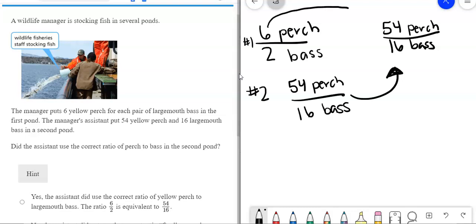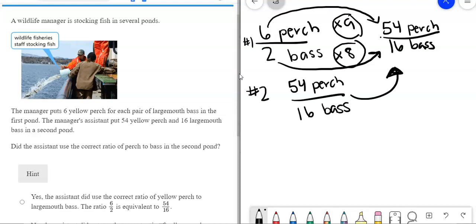If I'm going to make 6 into 54, I multiply by 9. To make 2 into 16, I multiply by 8. You see how 9 and 8 are different numbers? If they were the same numbers, they'd be equivalent. But since they are different numbers, they are not equivalent.